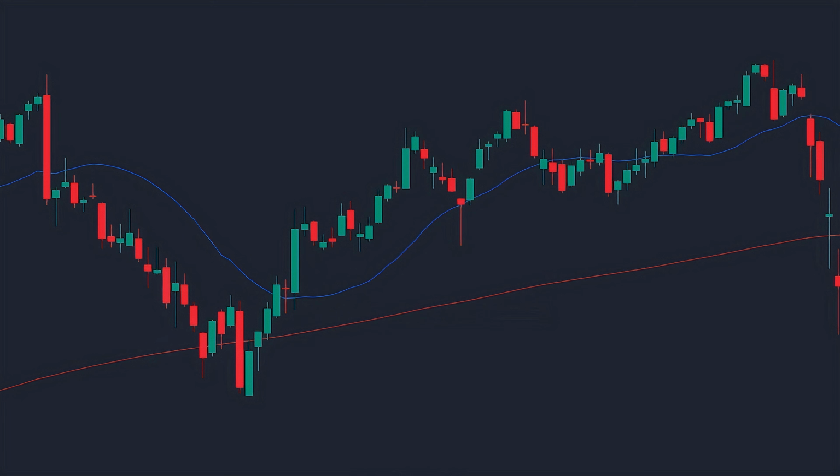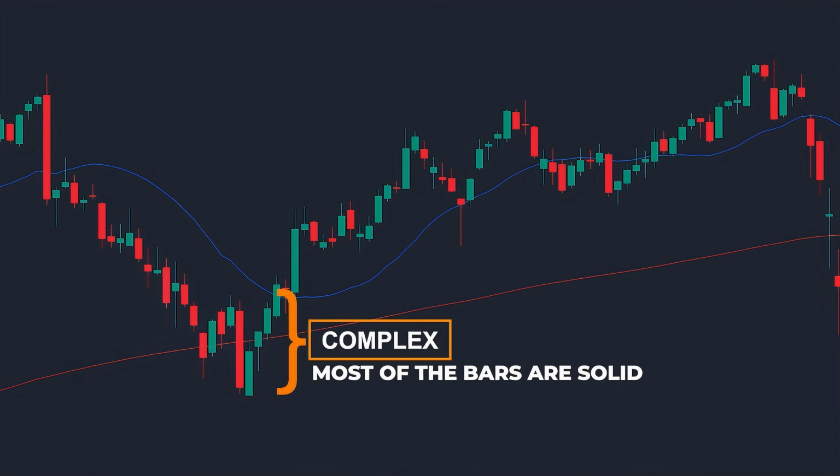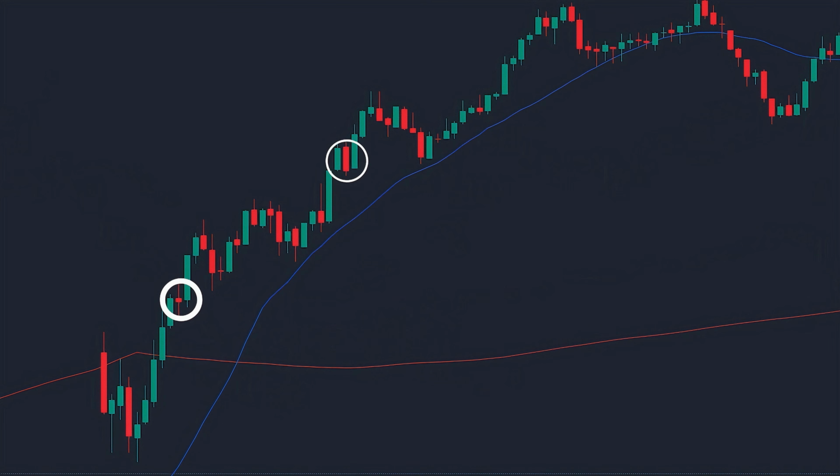A little more complex if it's multiple bars, but when we're considering the multiple bar surge, we want most of the bars to be solid in nature. They can have little wicks on each side of them, but we want the vast majority of the bars that make up the multiple bar version to be relatively solid. And if there are interrupts or pauses, those interrupts or pauses are very short-lived.